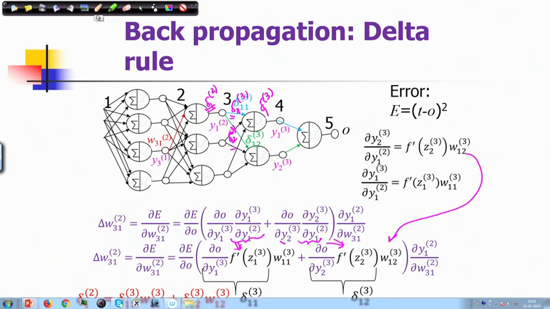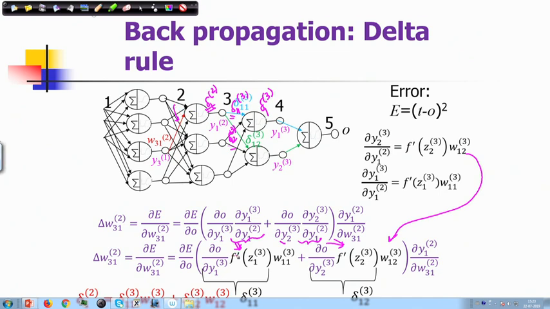That would be more clear when we show it here. So, this is the delta rule. Once you get delta 1 2, similarly in the same way you can also get the delta value here.